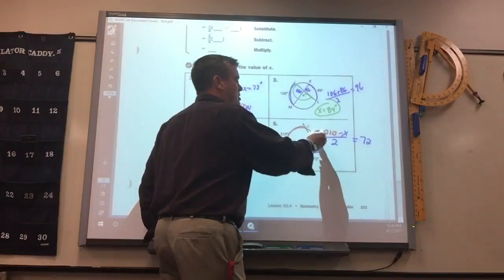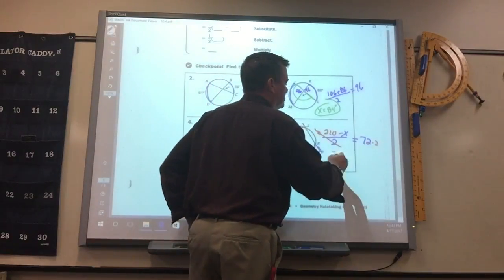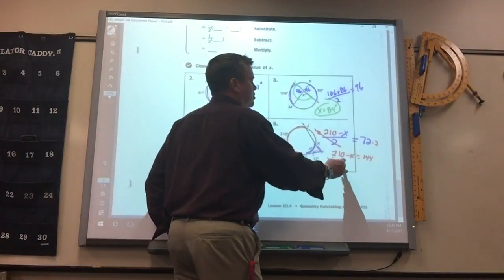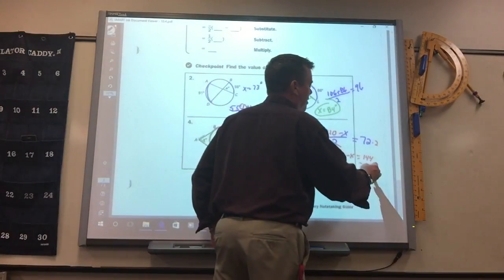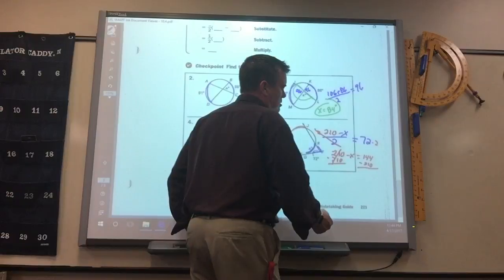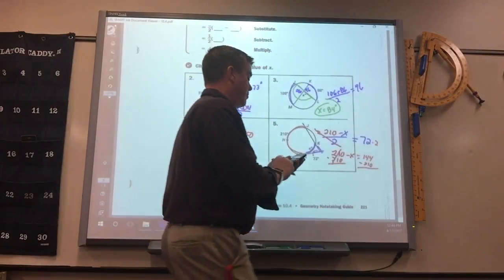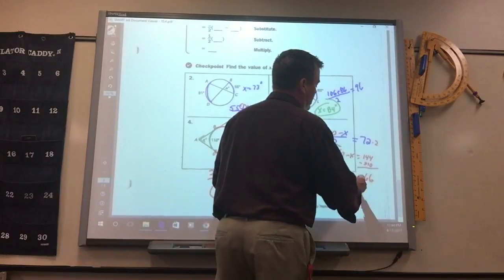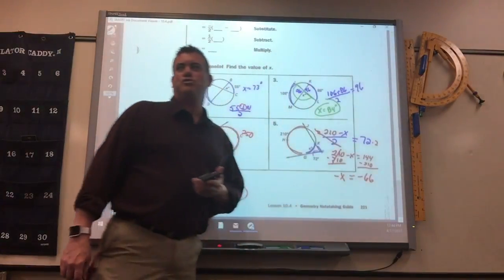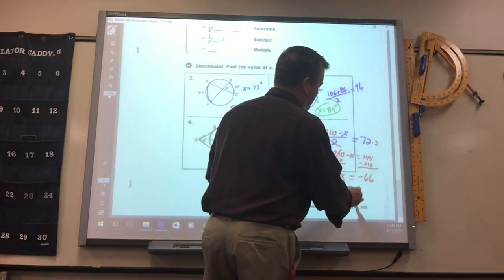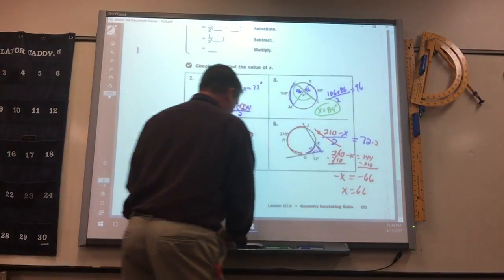So when you solve this, you take it times 2. Subtract 210. So you have negative 66. And then you just change the sign, the x is 66.